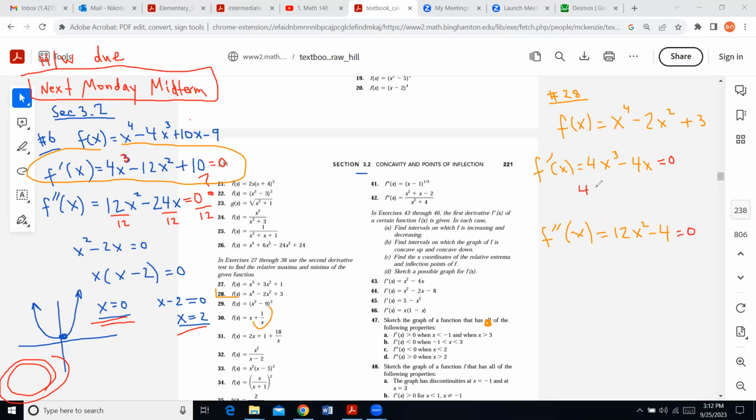So set them equal to 0, factor, and see what comes out for those special points. It looks like here I can take out 4x as a common factor and have x squared minus 1 in the parentheses. So either 4x is 0 or x squared minus 1 is 0. And 4x equals 0 means that x is 0.